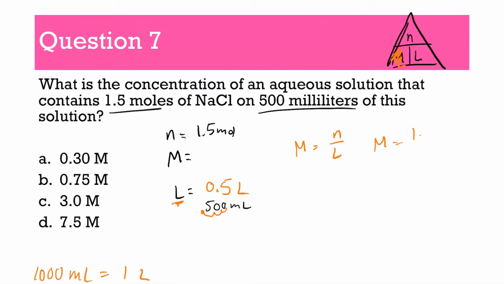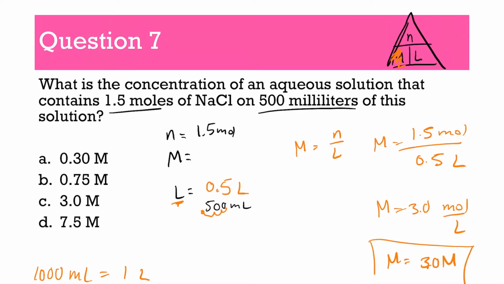M is n over L. So our n is 1.5 moles, our liters is 0.5. 1.5 divided by 0.5 is 3. Moles over liters is moles over liters, and you can write that as 3 M, which is answer choice C.